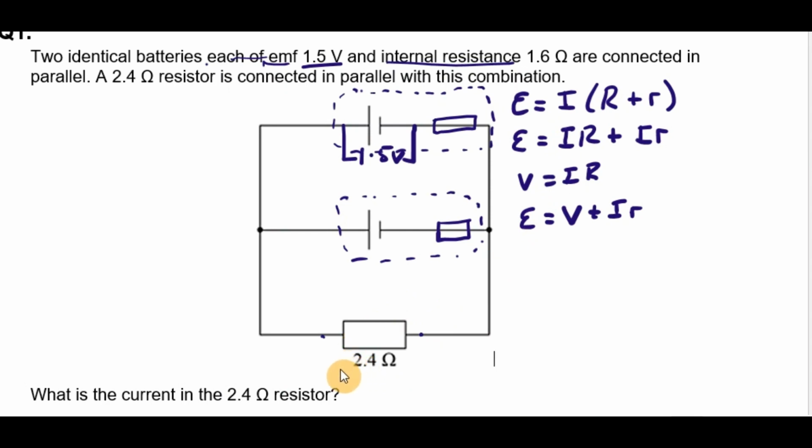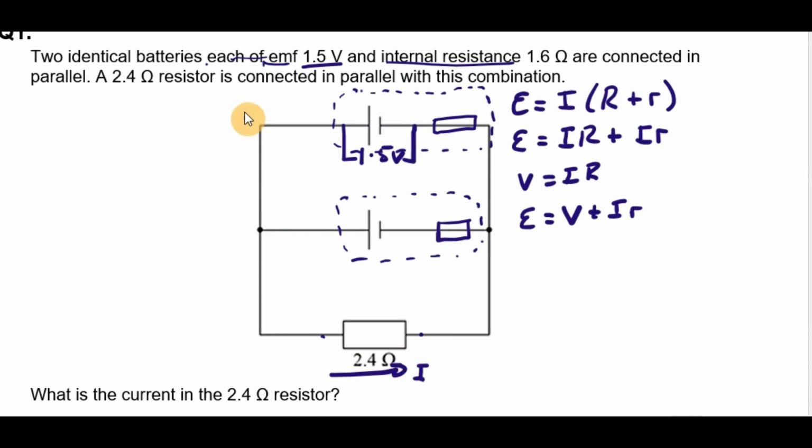Through the resistor, there's going to be a current, and we'll call that current I, and that's actually what we're trying to find in this particular question. If the current is I through the 2.4 ohm resistor, because the current is going through each of these branches, each of these branches must have half that total current.